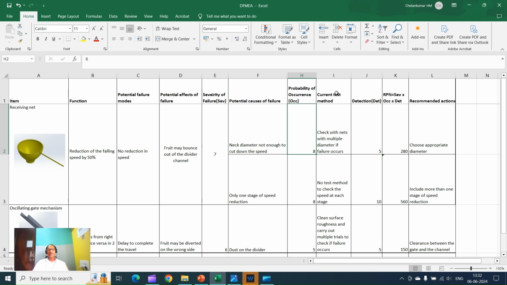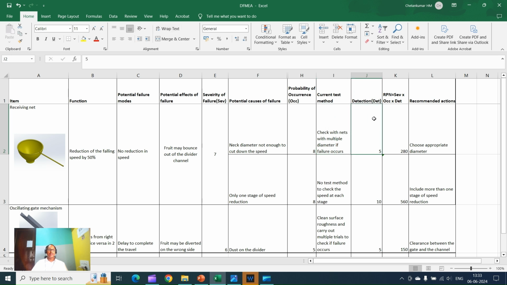Now coming to the current test method. Here the engineers think: can we develop some setup where we can conduct trials to check if the failure could occur? This is a very important activity because based upon the result of the trials, the detection number is decided.